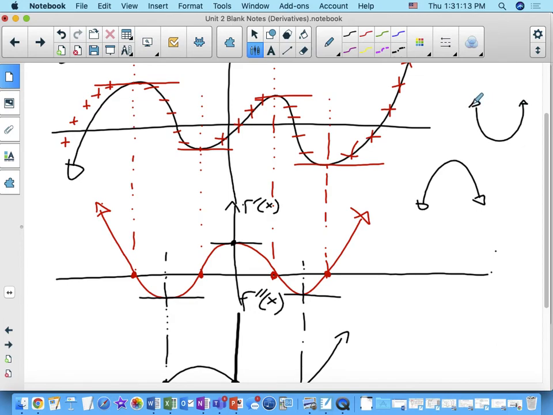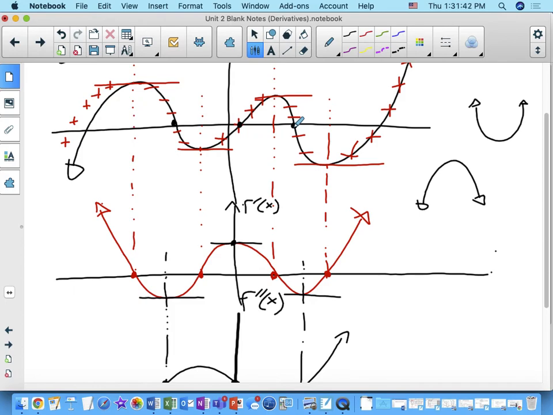Okay, when the second derivative is 0, and again, we're getting like about a month ahead of time, but where the second derivative is 0 is where the concavity switches. So you can see kind of here, right? That's concave down, and then from here to here, it's concave up. From here to here, it's concave down, and then from here to here, it's concave up. Can you guys see that?